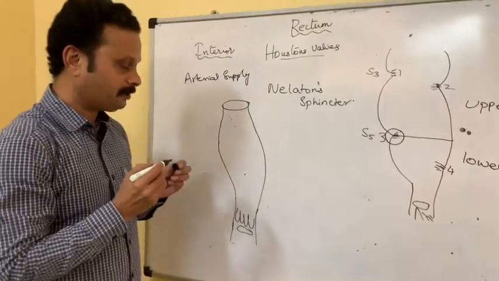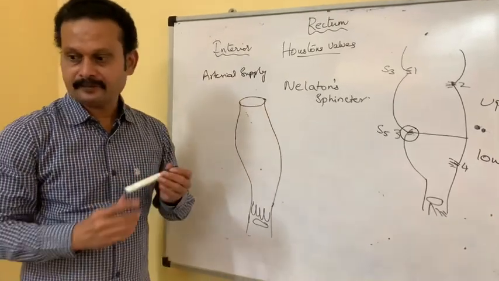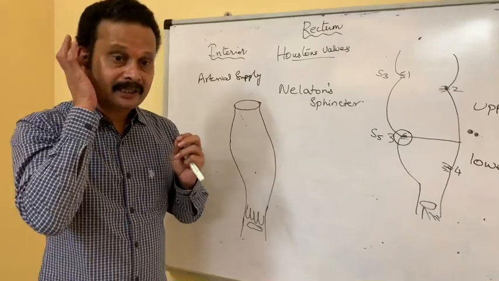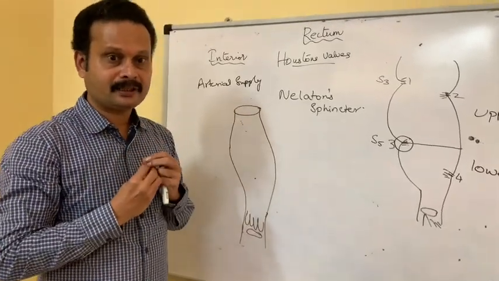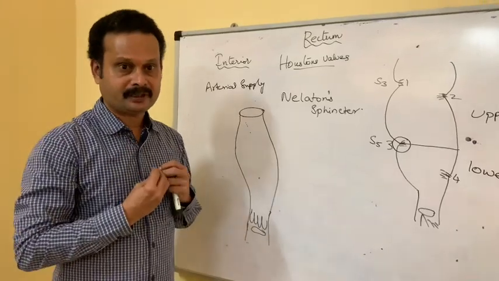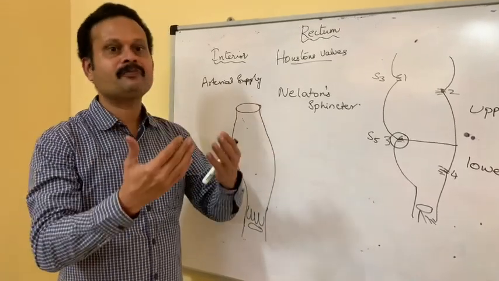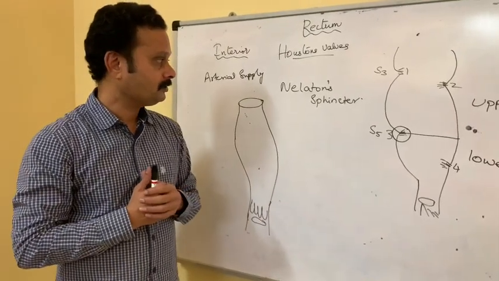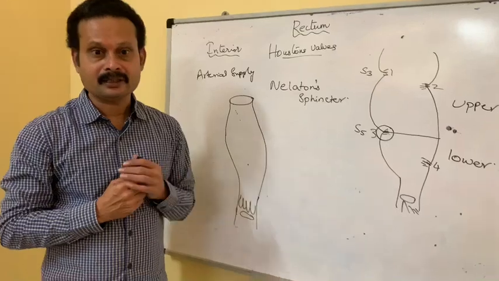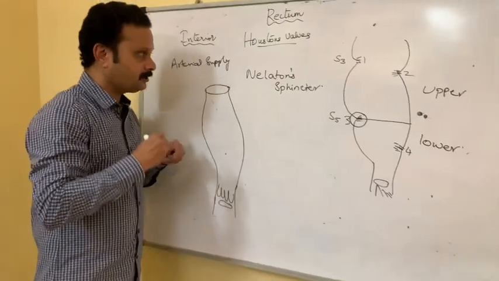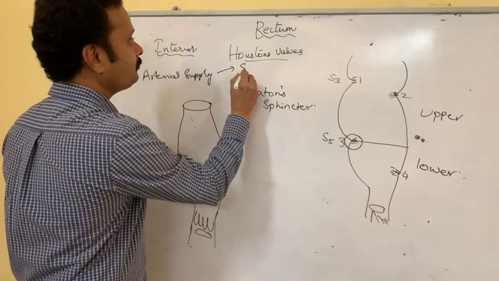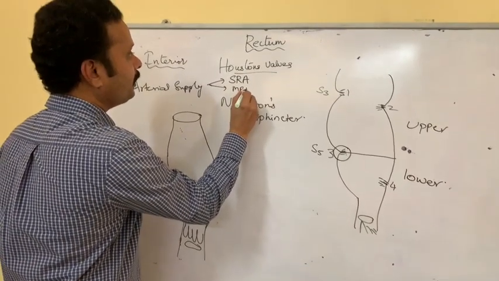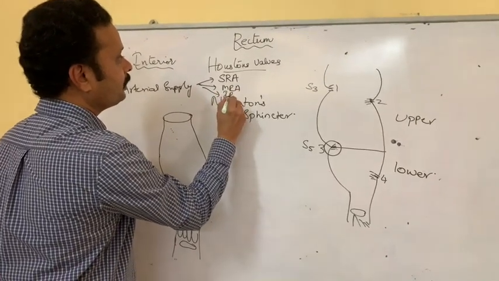Rectum is mainly supplied by a single superior rectal artery, paired middle rectal arteries, and paired inferior rectal arteries, and also it is supplied by branches from median sacral artery, inferior gluteal arteries, and internal pudendal arteries. The main arterial supply is derived from superior rectal artery, middle rectal artery, and inferior rectal artery.